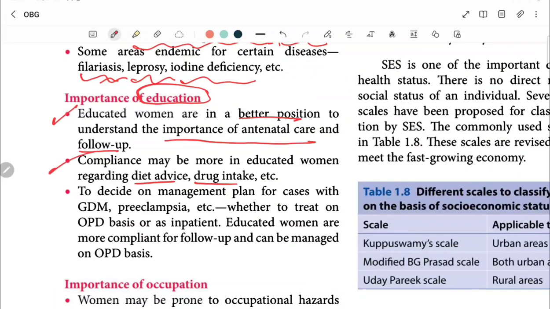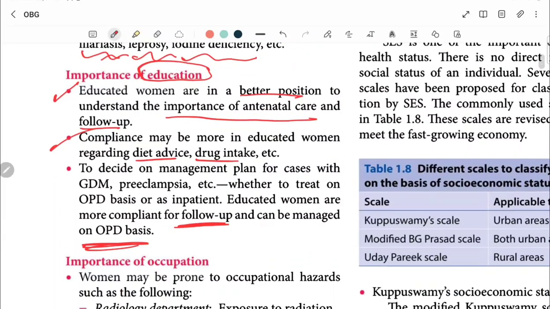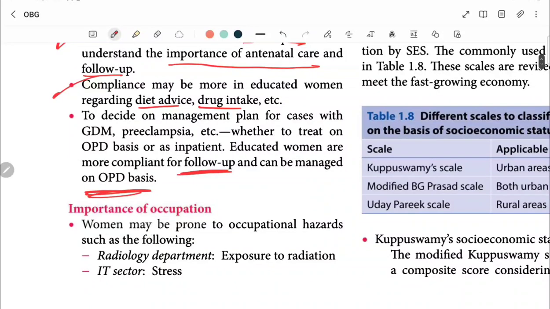It also helps to decide the management plan for cases with GDM, preeclampsia, etc., whether to treat on an OPD basis or as an inpatient. Educated women are more compliant for follow-up and can be managed on an OPD basis very easily. So that's why education is important.